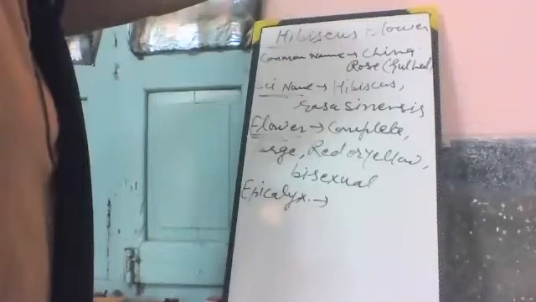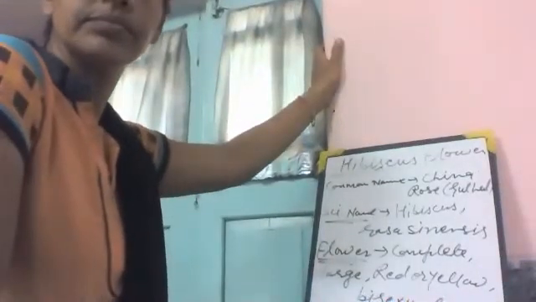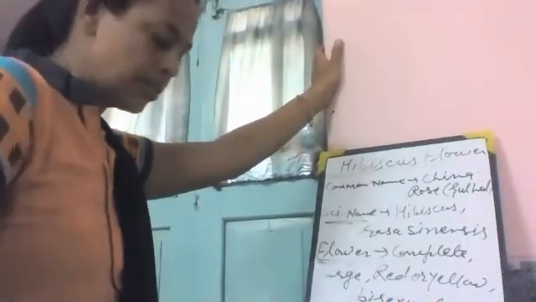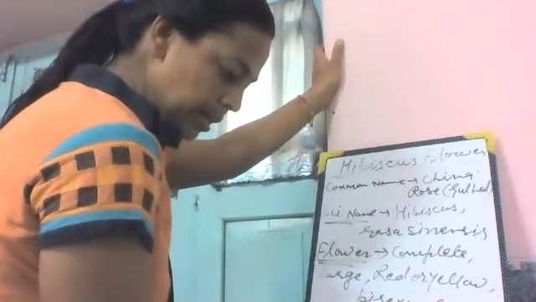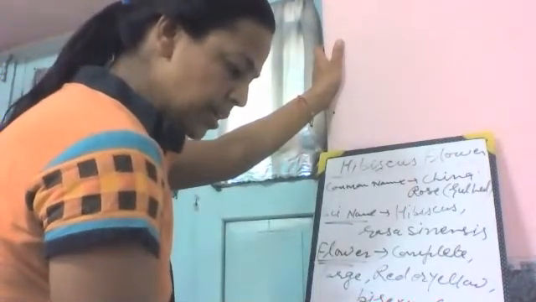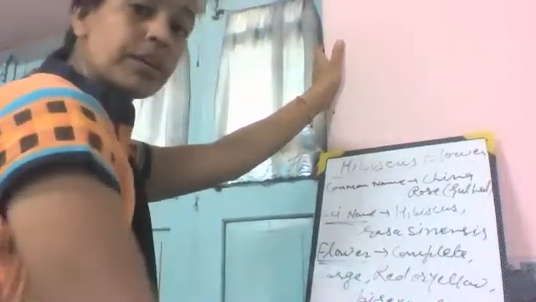Here one word is coming, epicalyx. What do you mean by epicalyx? First you tell me about the calyx. What is calyx? See, this is the flower base and at the base it has some small green leaves. Have you seen this?